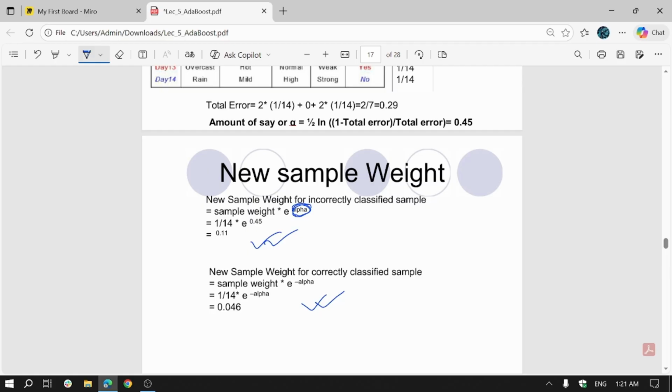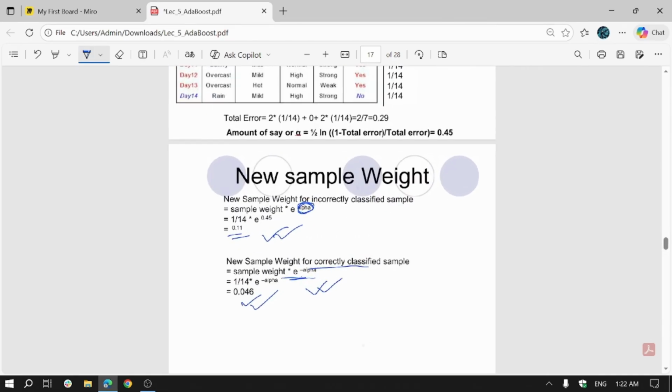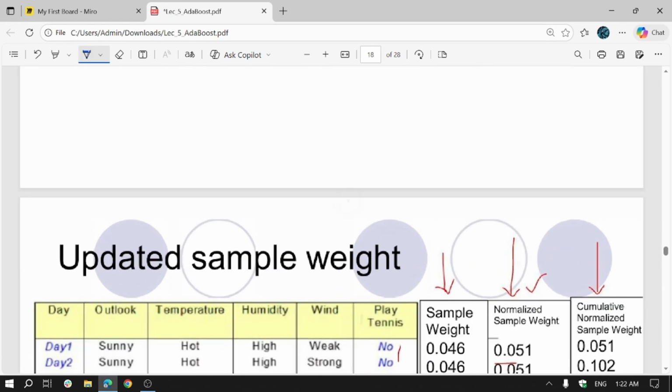So sample weight into e to the power alpha. And for correctly classified data, we try to reduce its significance, so we multiply sample weight into e to the power minus alpha, and we get this value. Then we will update the sample weight in the table.